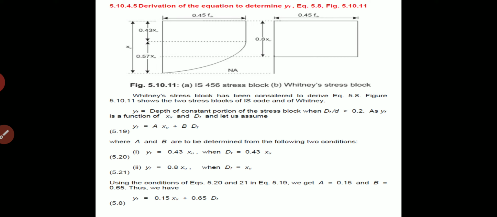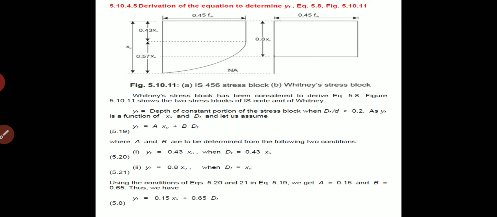Here this is the stress block diagram, which has compression side maximum 0.45 fck and depth of neutral axis Xu, which is rectangular from compression side 0.43 Xu and parabolic 0.57 Xu.